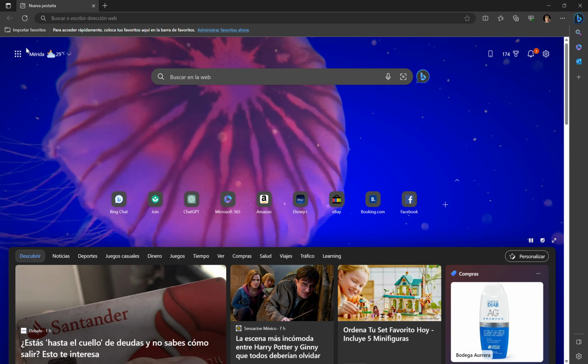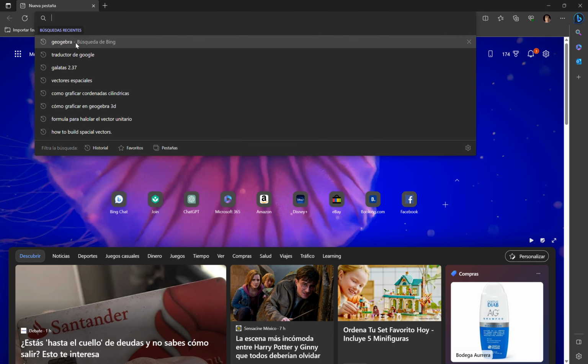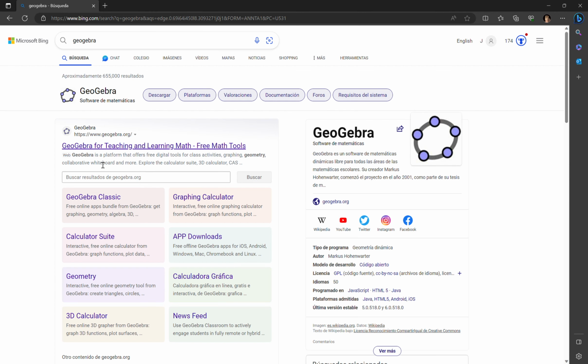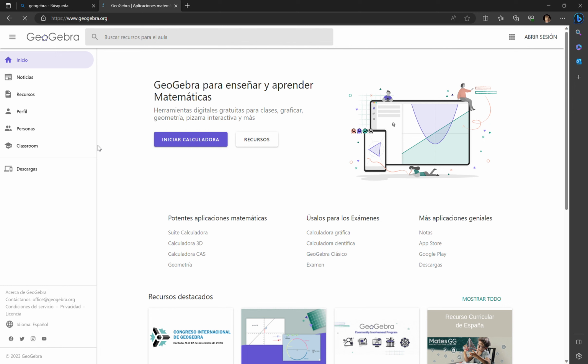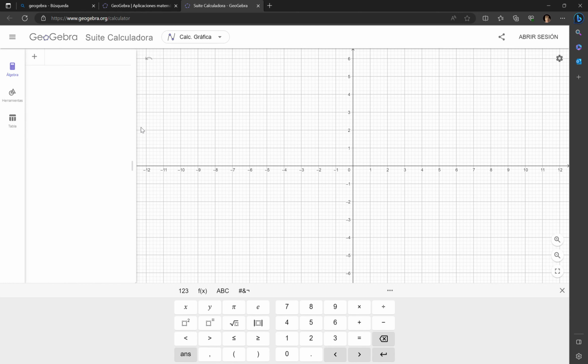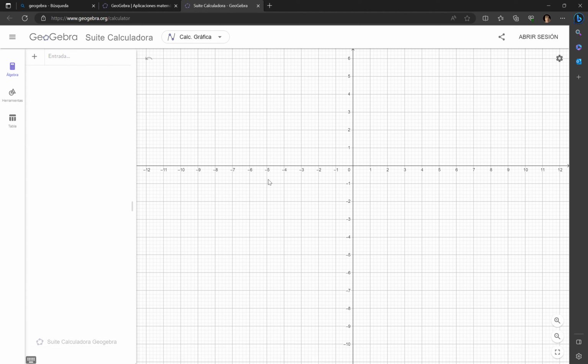To build it in GeoGebra, we need to use GeoGebra. For that, we are going to write GeoGebra in the navigator. We choose the first one and we start the calculator. I have a Cartesian plane with x-axis and y-axis.